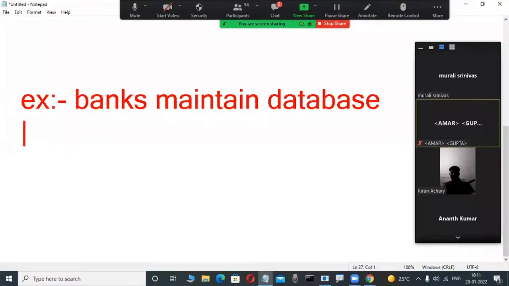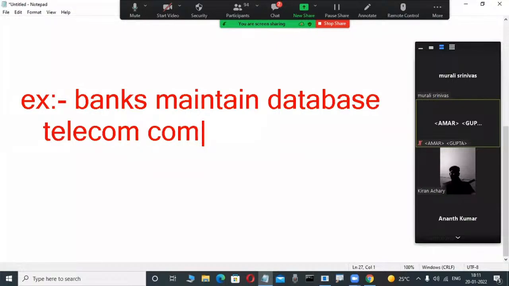Banks, everyone understands. Suppose telecom companies, just roughly for easy understanding: telecom companies maintain databases. Suppose you make a call to your friend. Those call details will be stored in a database.